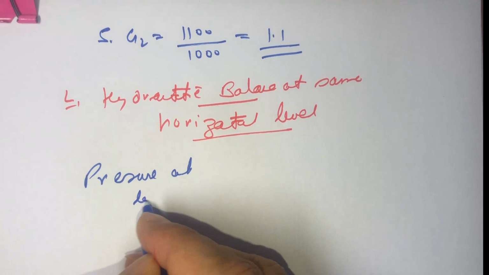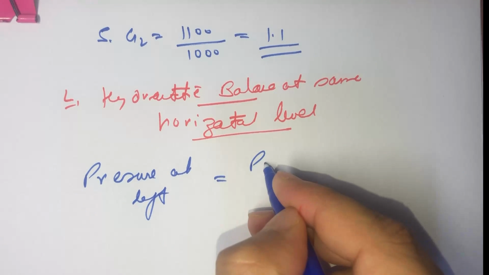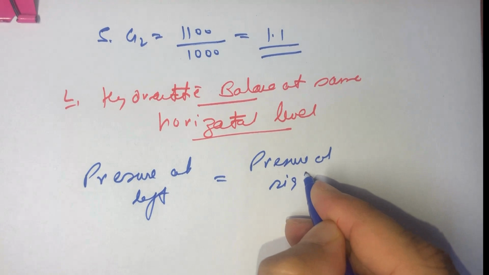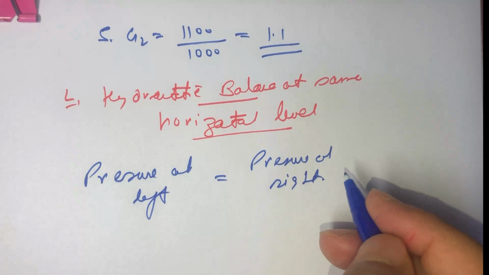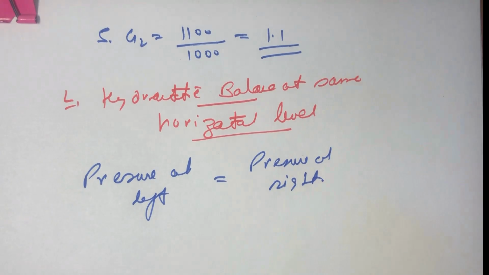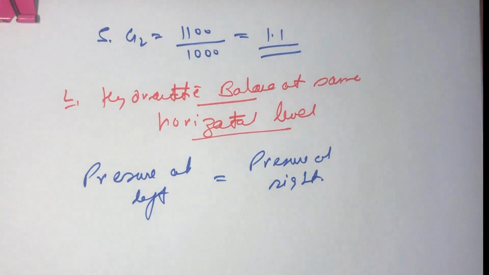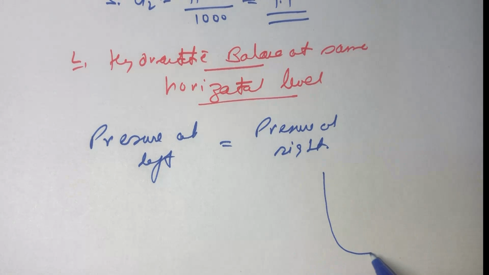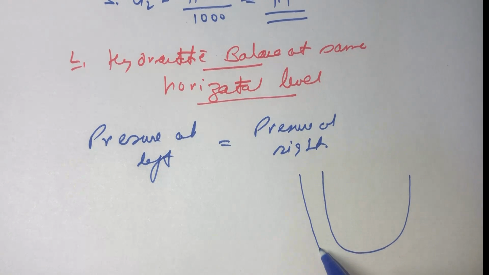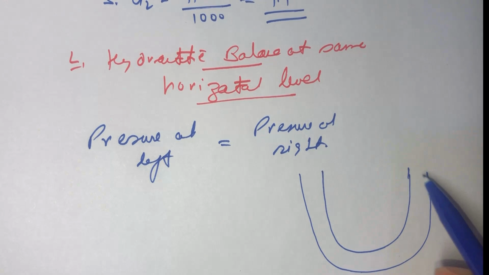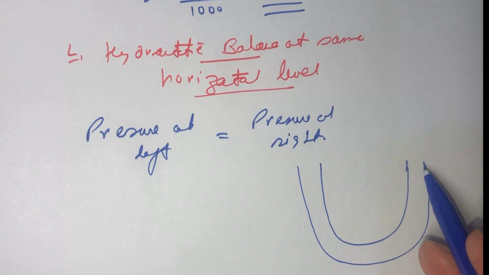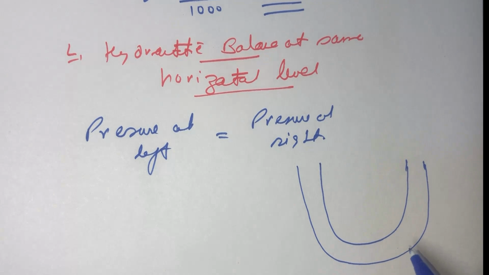So let us draw the figure for the left as well as the right. So this is our U tube, and we already said at the start of the discussion that liquid 1 is already inside the tube, liquid 2 is poured from the right side.